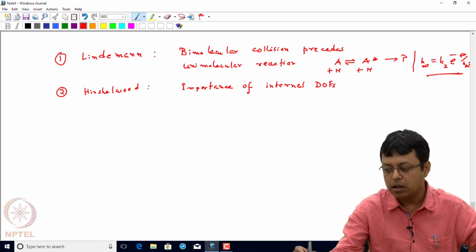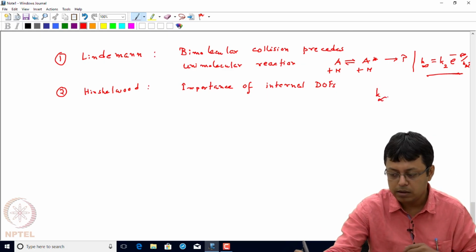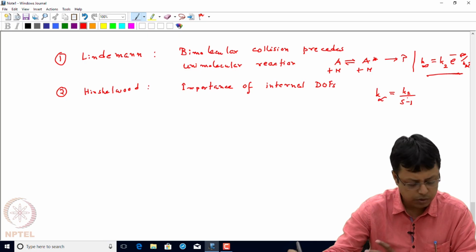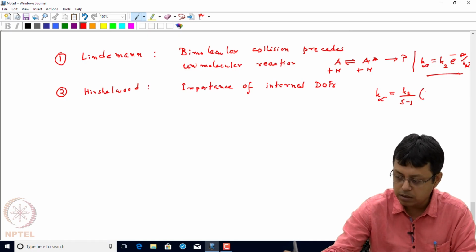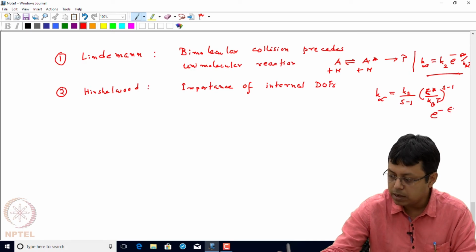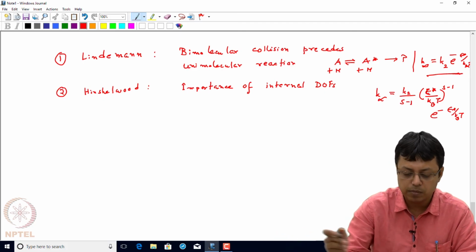He got a formula: k infinity is k2 divided by (s minus 1)!, times E star divided by kBT raised to the power s minus 1, into e to the power minus E star by kBT. That was the Hinshelwood formulation.